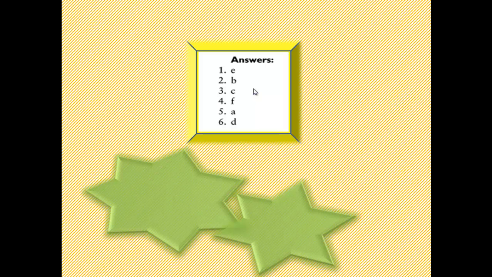Number 1 with E, number 2 with B, number 3 with C, number 4 with F, 5 with A, and number 6 with D. And as I have said, all the shapes are mentioned in the previous exercise, I mean exercise number B on page 15.